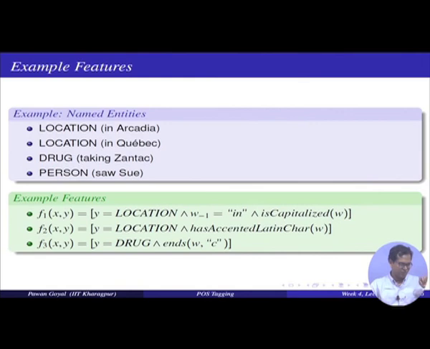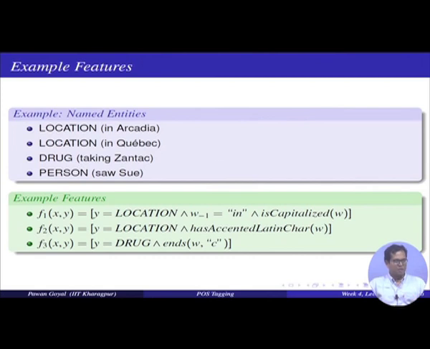The first feature is: my class y is location, the previous word in x is "in", and my current word is capitalized. What are all the cases where this feature will be 1? It will be 1 for Arcadia: previous word is "in", it is capitalized, and the tag is location. It will also be 1 for the second case: capitalized, previous word "in", and the tag is location.